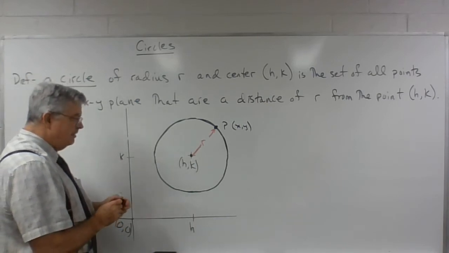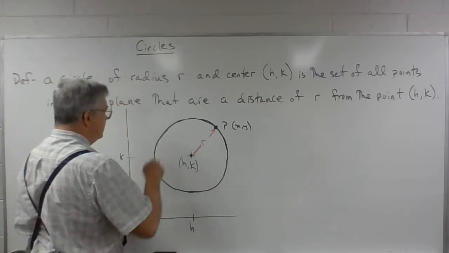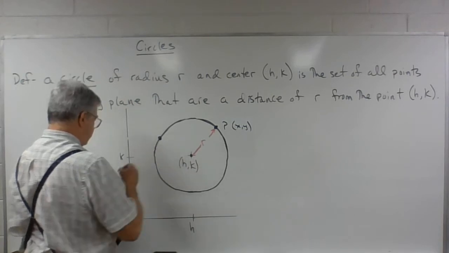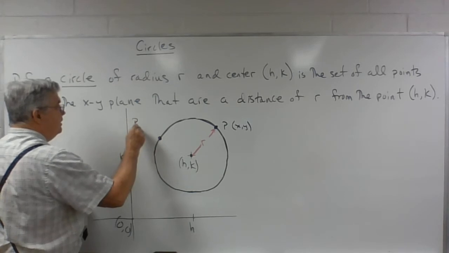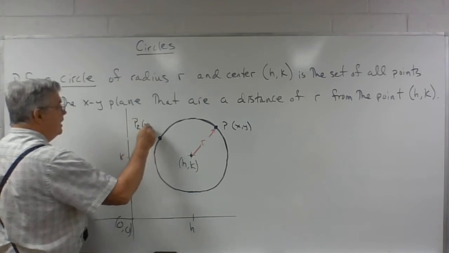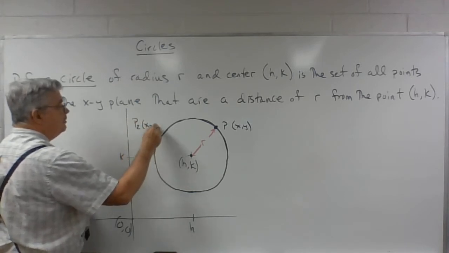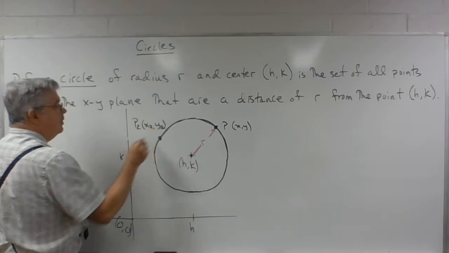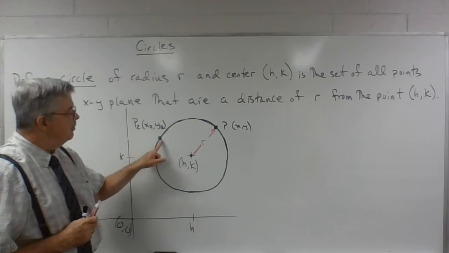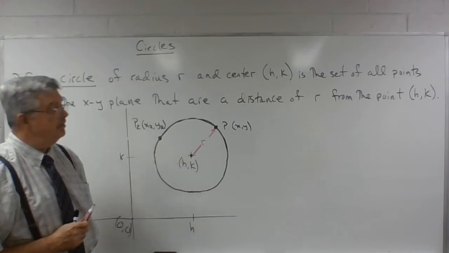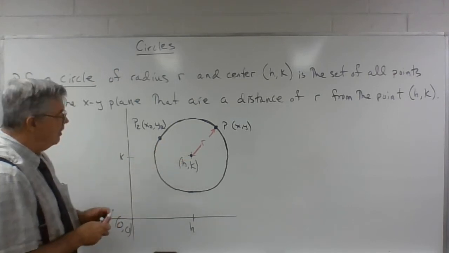If I take a different point on the circle, maybe over here, and I'll call this P sub 2, the x coordinate is x sub 2, the y coordinate is y sub 2, the distance from this point to the center of the circle is r also.